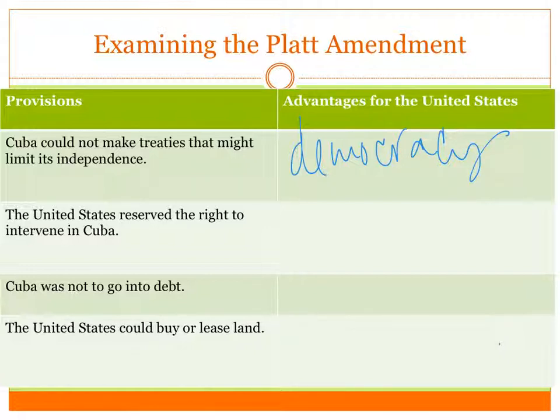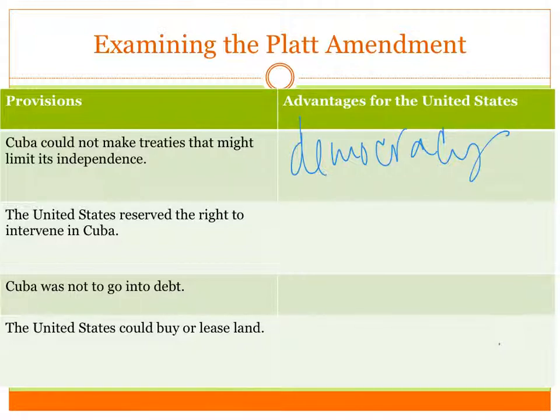They have open trade. America can trade with them. And it's easier to work with a democratic country than a country that puts the thumb down on its people. If you think about Cuba today, it is not a democratic country. It is a communist country, and trade embargoes have been put on, and the relationship with Cuba has not been as easy.